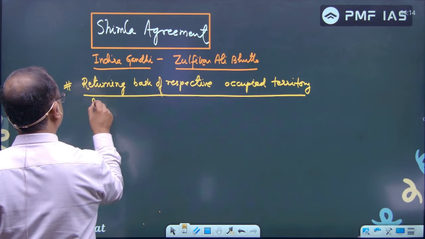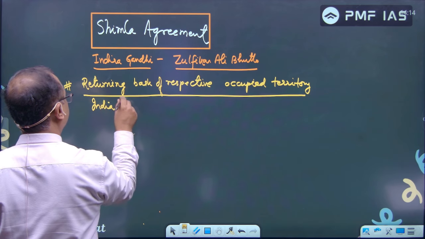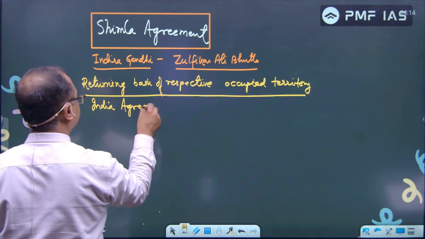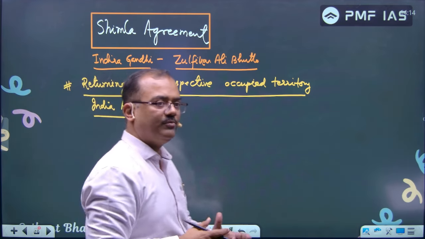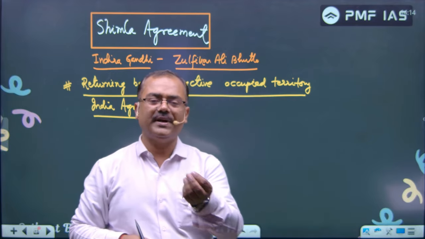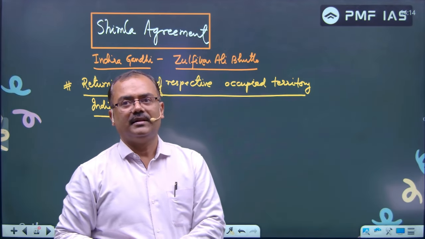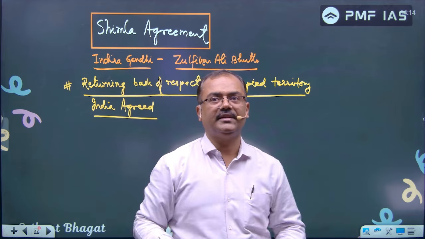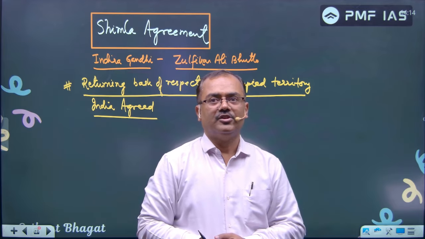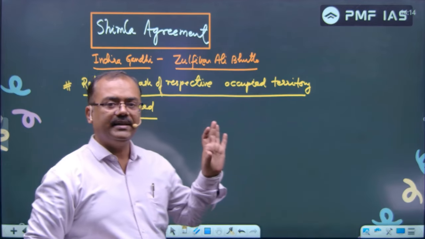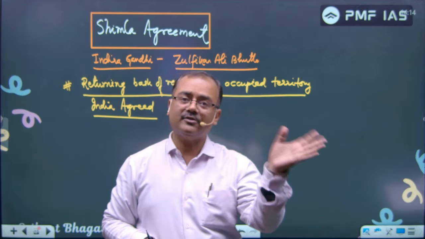Especially India agreed because India had more and more territory occupied. Pakistan occupied very little. India had occupied so many territories. So India agreed that India will be returning those territories.